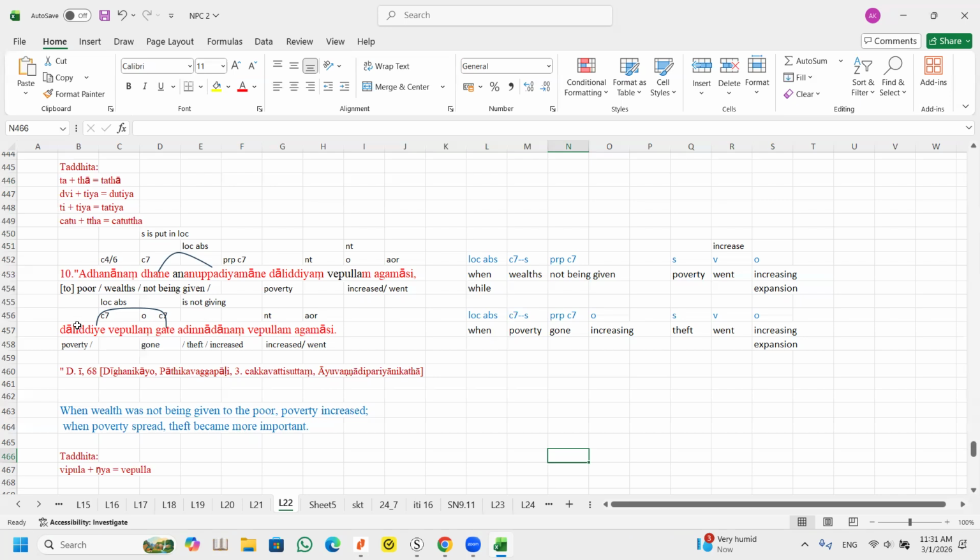This is the subject. So here also we put when. So when the property same, locative becomes a property. Okay, can you see? In this case, gone or when increasing. This one is increasing because this is the object. So when property gone increasing.